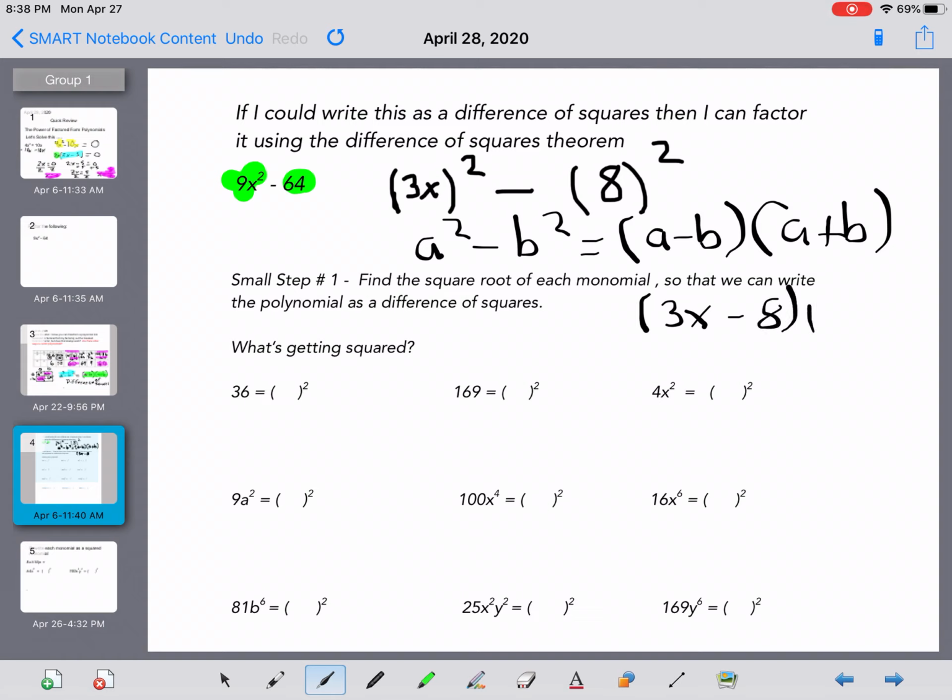My A value is 3x, my B value is 8, so plus 8. So that means 9x squared minus 64 is equivalent to the quantity of 3x minus 8 times 3x plus 8.